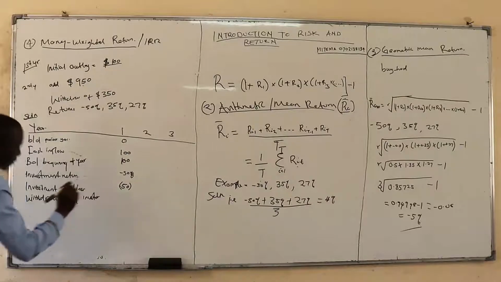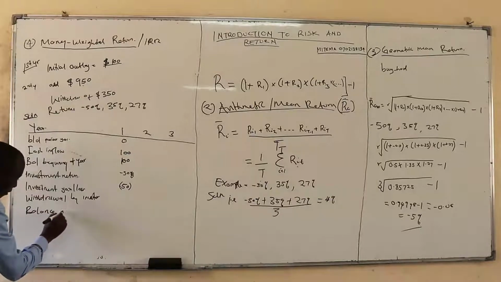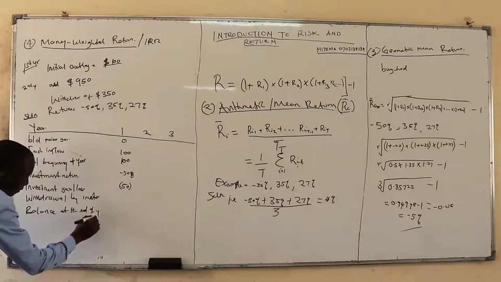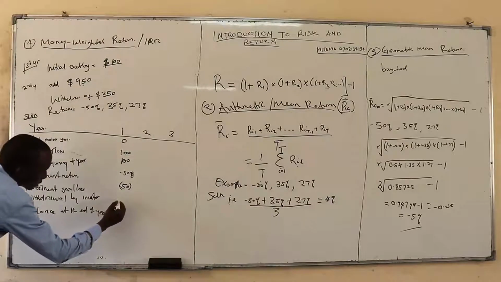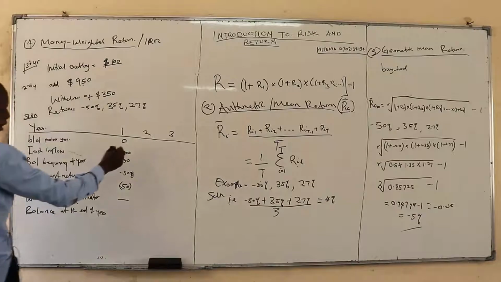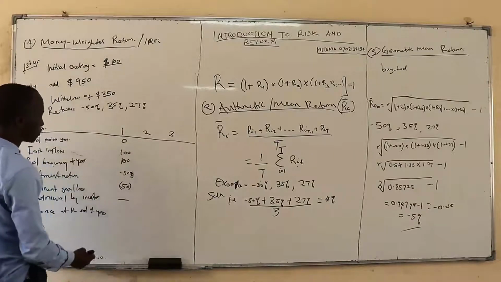But in this first year, there was no withdrawal made. And then we have the balance at the end of the year. So here is a dash. You find the balance at the end of the year by subtracting the loss from the initial cash inflow, so it is 50.